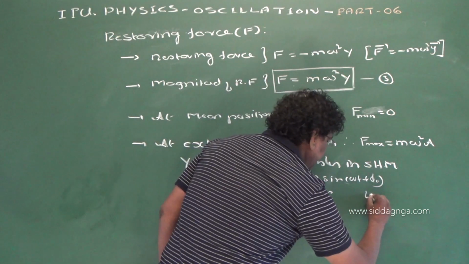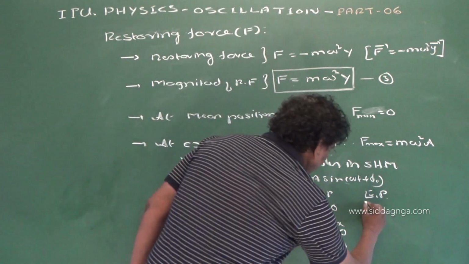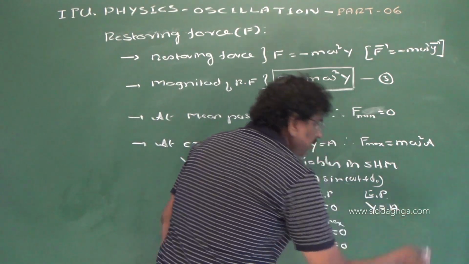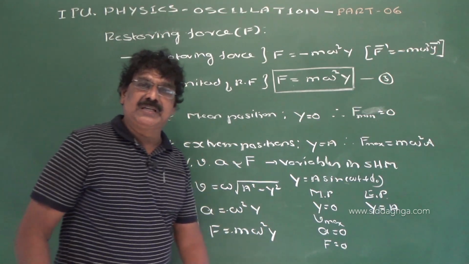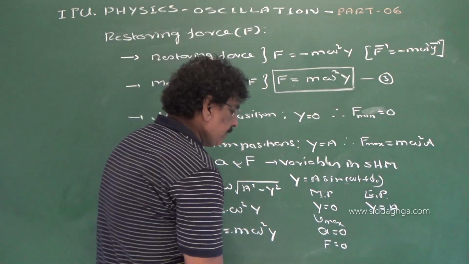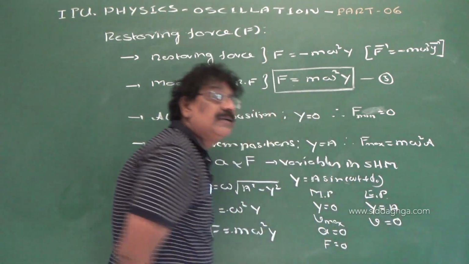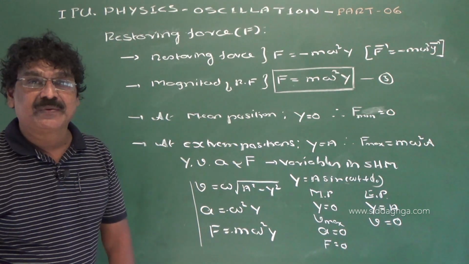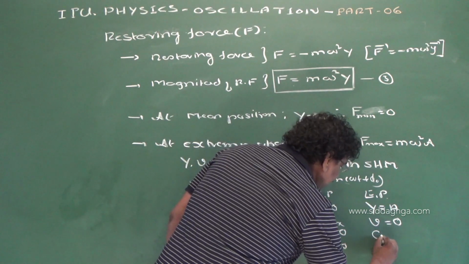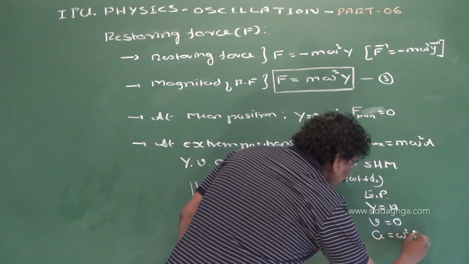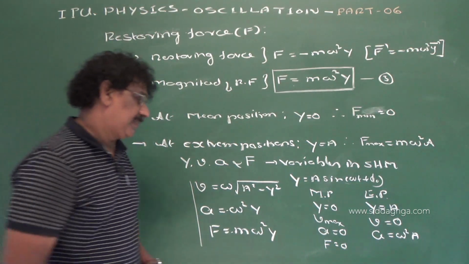At extreme positions, y is equal to plus or minus a, depending upon which side the displacement is maximum, right. Now, v is 0 here: when displacement is maximum, velocity is 0. a is equal to omega square a, it is maximum.